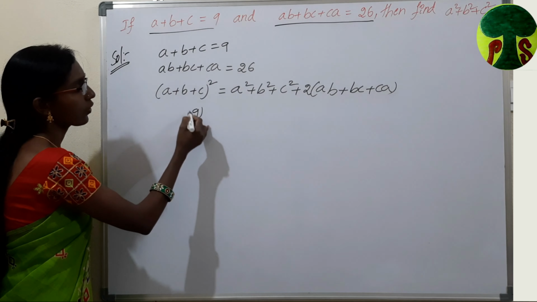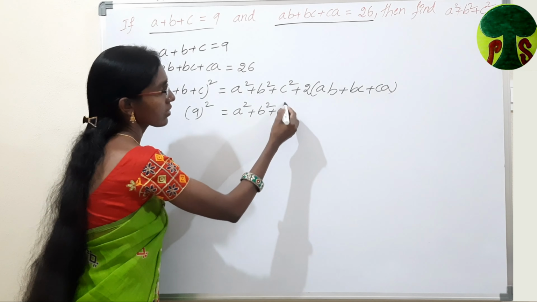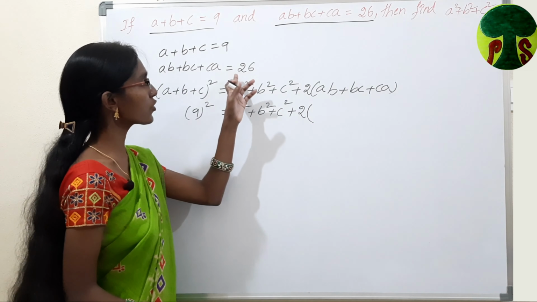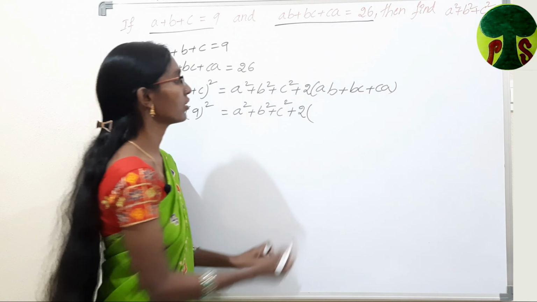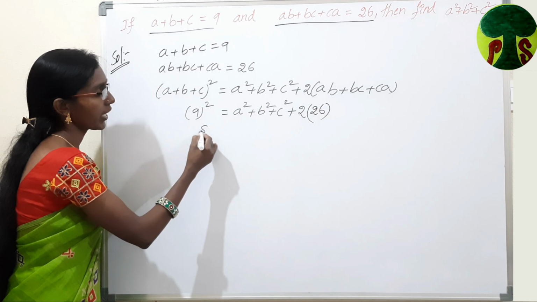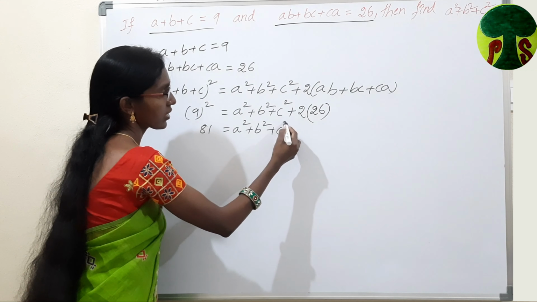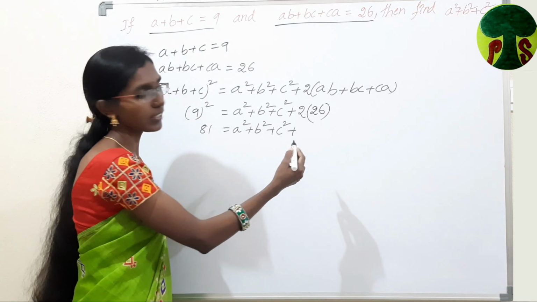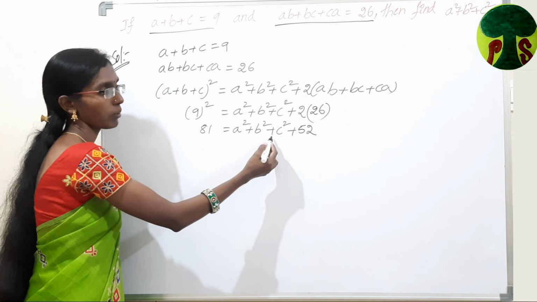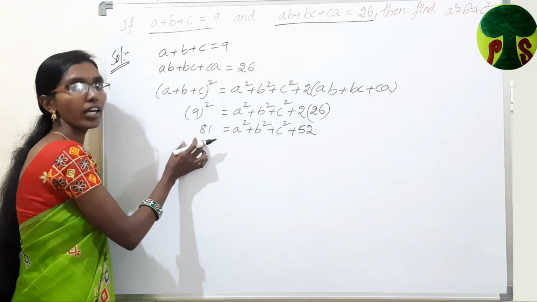So this is 9 whole square equals a square plus b square plus c square plus 2 into the value of ab plus bc plus ca, which is 26, as given in the question. Now 9 square value is 81 equals a square plus b square plus c square plus 2 into 26, which is 52. Now we need to find the value of a square plus b square plus c square, which means that we have to transpose 52 to the left hand side.